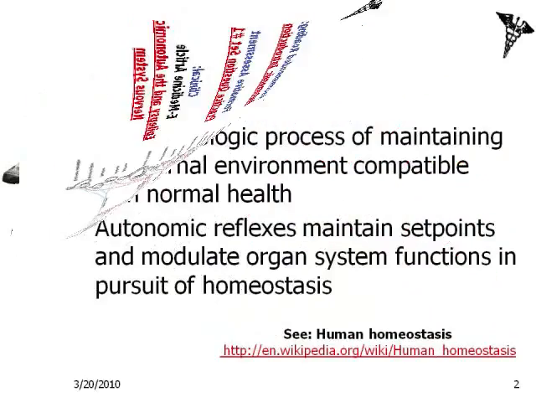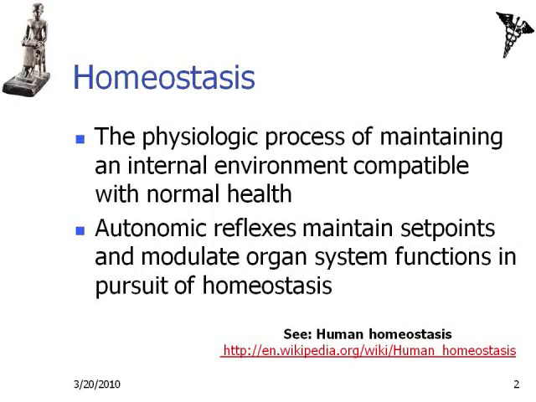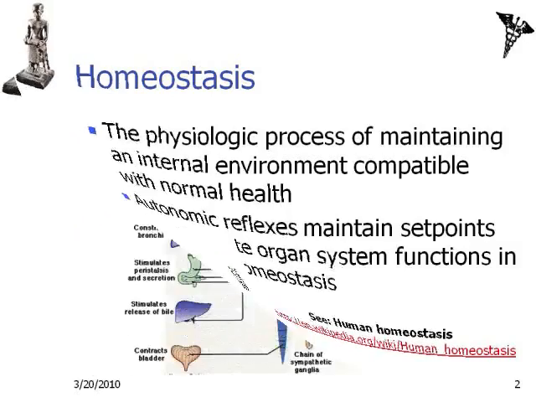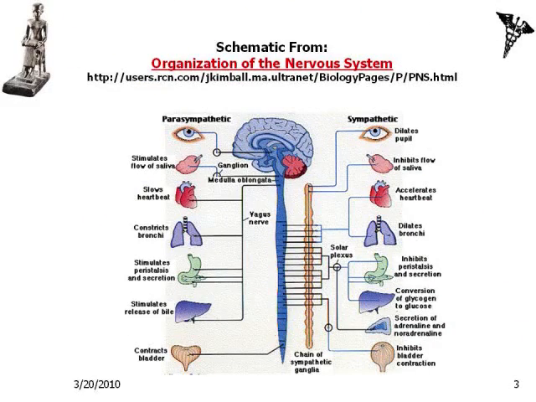We said that the most important biological function of the body was the maintenance of homeostasis, that means the maintaining of a balanced internal environment. The internal environment is the extracellular fluid environment. Some of the components in the extracellular fluid environment include our electrolyte balance, our acid-base balance, our temperature, and we said that the system responsible for doing that was the autonomic nervous system.